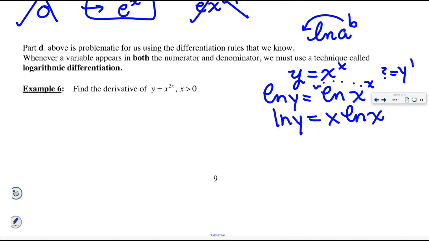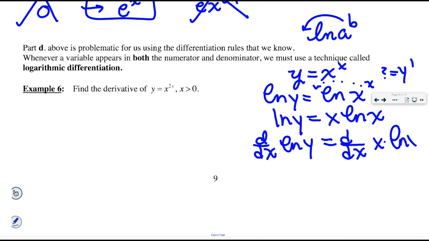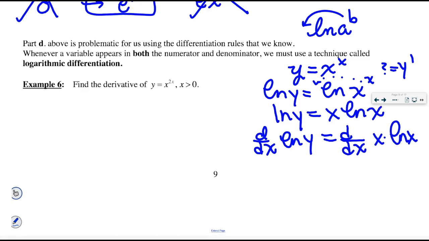So what I'll do now is basically implicit. I'm going to take the derivative of both sides with respect to the independent variable. Normally you won't show that step, but it's the first one, so I'm showing everything.